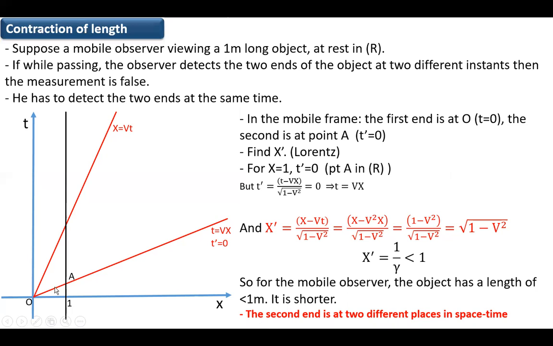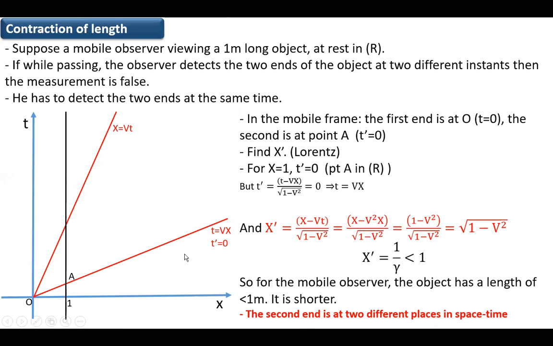The two observers are measuring two different points of space and time. The observer at rest is measuring from point O to this point that corresponds to 1. The mobile observer is measuring from O to point A. So the ends of the object are placed in two different points of space and time according to each observer.